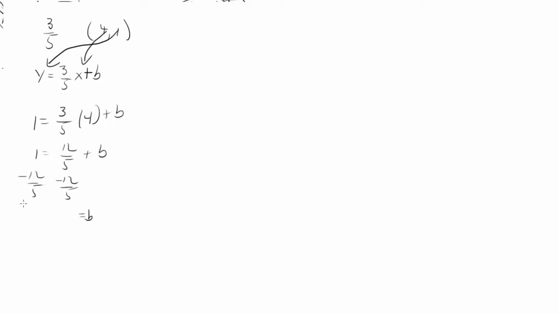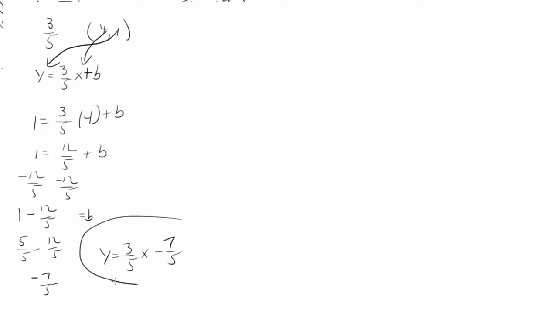B is equal to 1 minus 12/5, which is going to be 5/5 minus 12/5, which is equal to negative 7/5. So the equation would be y equals 3/5 x minus 7/5.